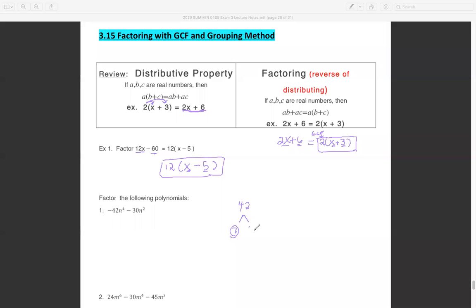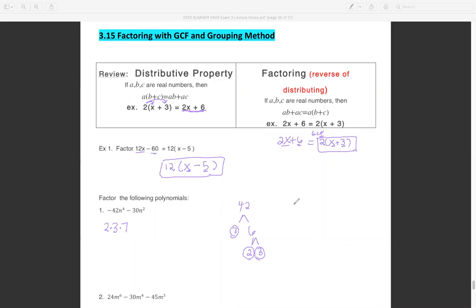Okay, so 42 is 7 times 6. 7 is a prime, so circle that, and then 6 is 2 times 3. So then rewrite 42 as 2 times 3 times 7, and we'll talk about the negatives in just a minute. Right now, we're just going to deal with the primes without dealing with the negative sign.